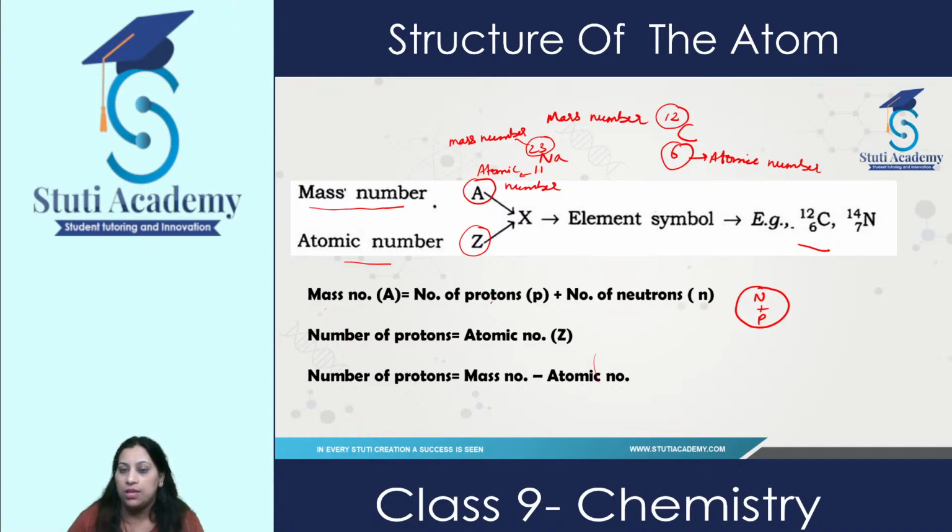So it is equivalent to mass. Now number of protons is equal to number of electrons and atomic number, or we can write number of protons is equal to atomic number or number of electrons.